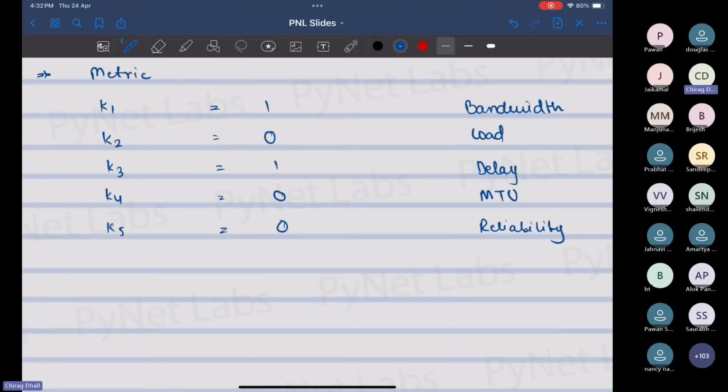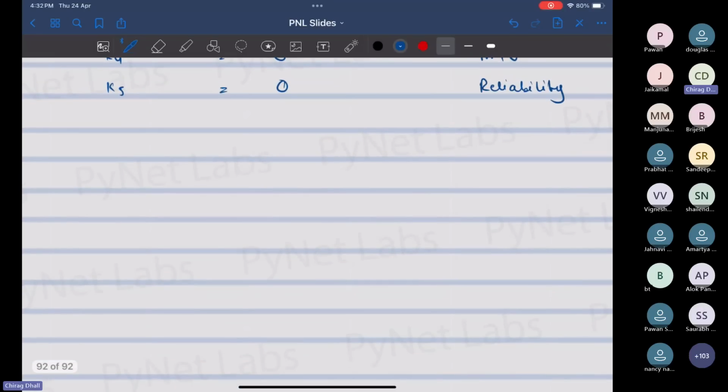There is a big formula which we use for calculating metric. What is this formula?